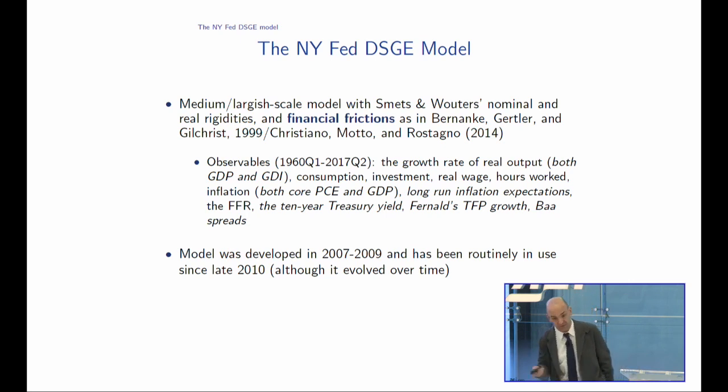Stochastic because there are shocks, and I'll talk about scenarios later on. And general equilibrium in the sense that it's a general equilibrium model of the economy. Obviously, since we do monetary policy, it's hard to do that in a partial equilibrium setting where prices don't move, because the whole point of what we do is price control.